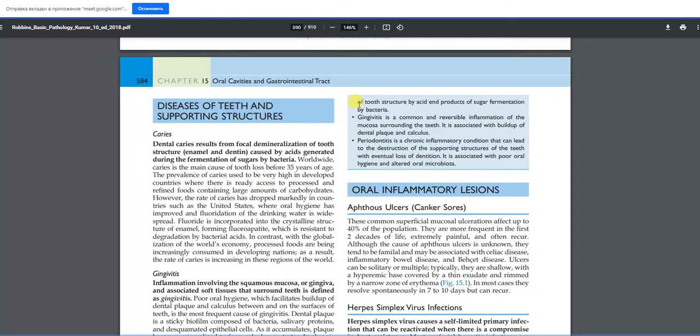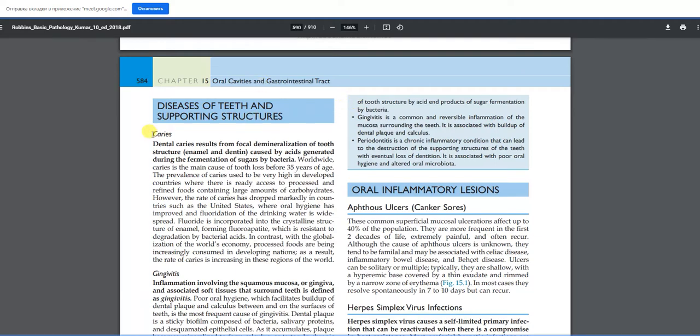There we have enamel, which is very hard, the most solid tissue, which assists in mastication, and we have odontoblasts, which produce dentin, the supportive tissue. Also in the depth of the tooth we have the pulp, where we have blood vessels, nerve innervation, and so on.